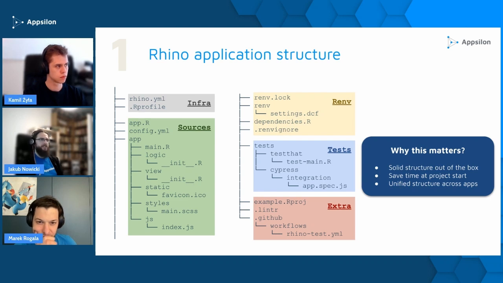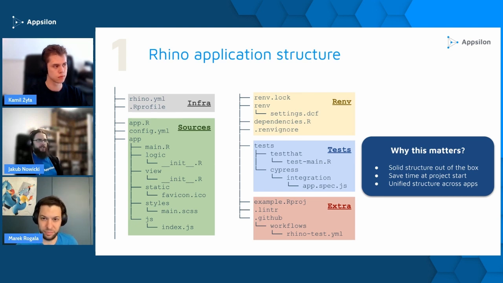How should I properly structure my Shiny application? Because this is everything given to you by Rhino. Moreover, if your organization uses Rhino a lot, then it is easy for you to switch between projects because everything is unified there. So again, it saves your precious time.